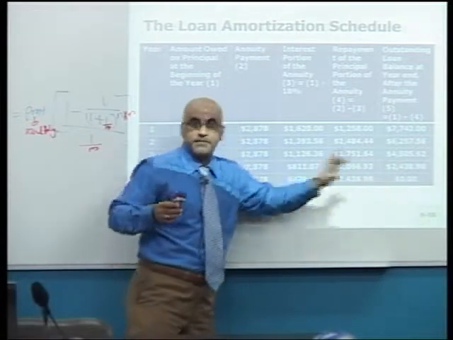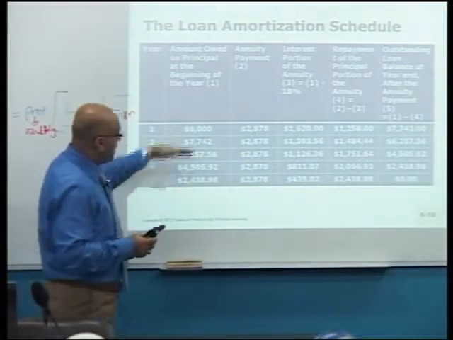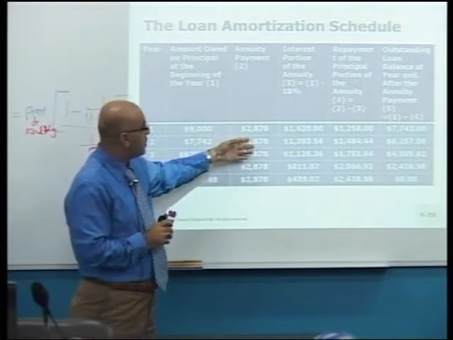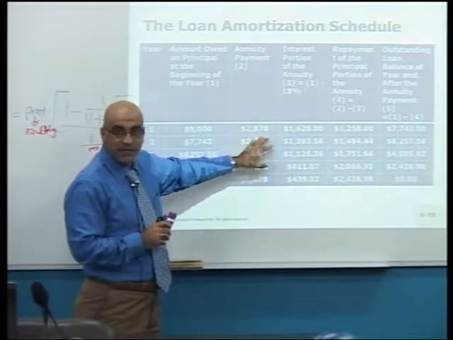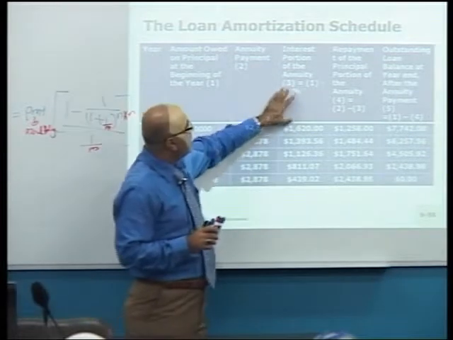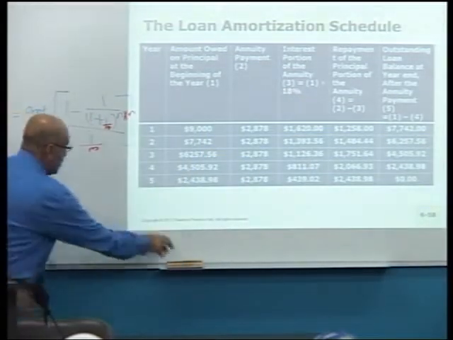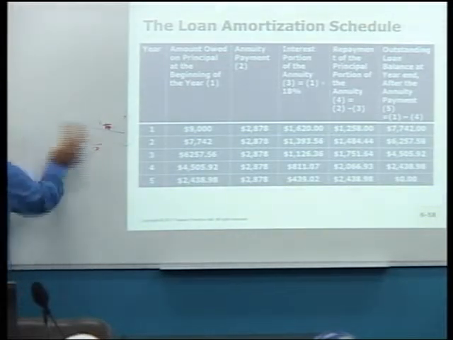If you look here, the annuity payment is fixed because we pay a regular annuity payment, $2,878. Now, the interest and repayments. Look at how we calculated this.